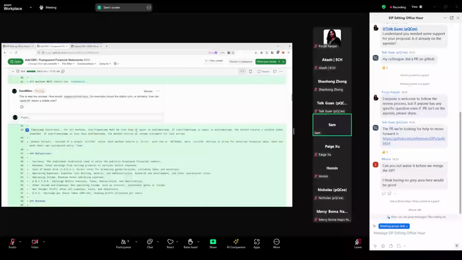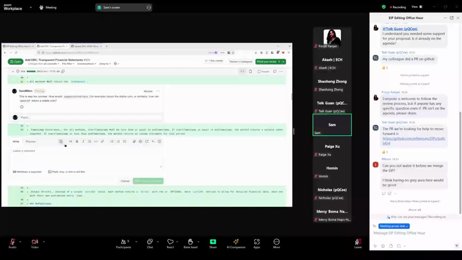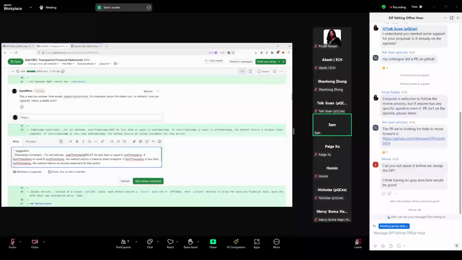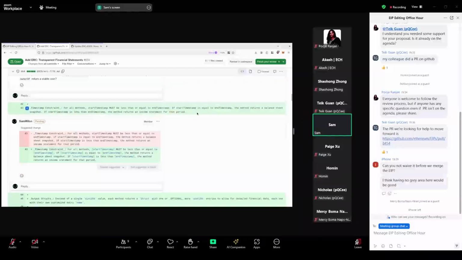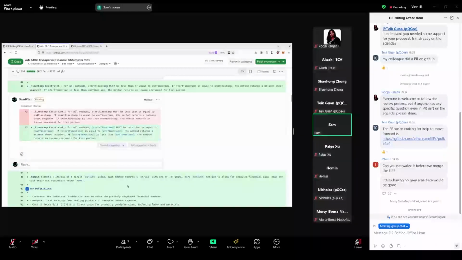The start timestamp must be less than or equal to the end timestamp. Okay. And so the single uint256 value struct returns a struct.